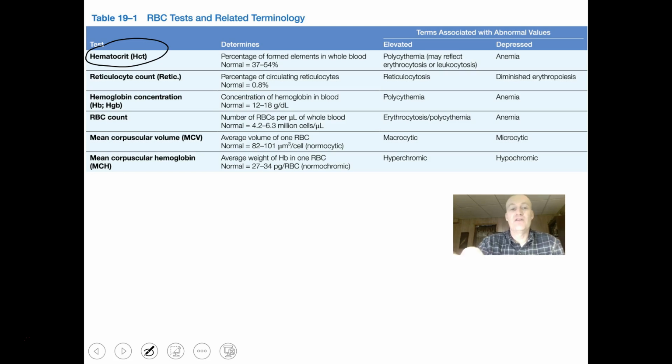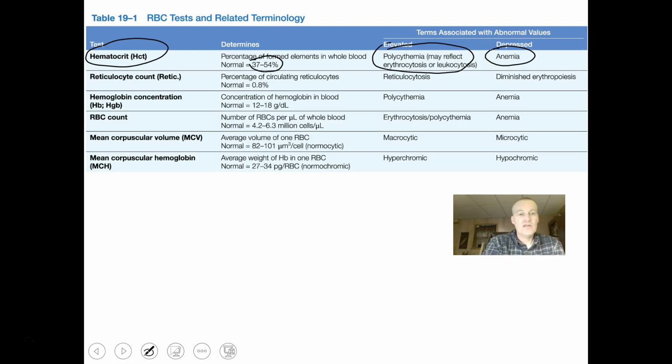If you have an elevation of that, so I think we said somewhere around 45% or so, it's going to be kind of an average, but 37 to 54% should be what a normal view is. So polycythemia is where you have an elevated hematocrit, and then a depressed hematocrit will lead to anemia.